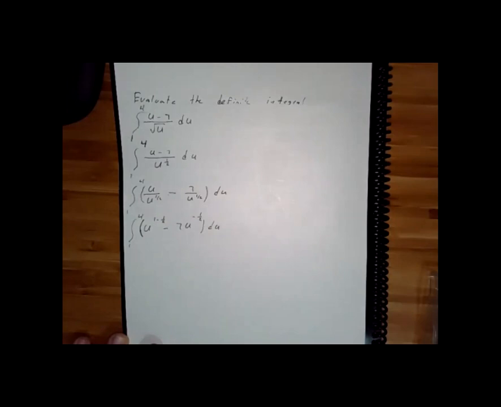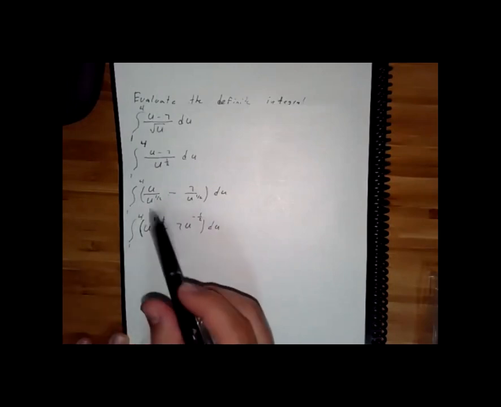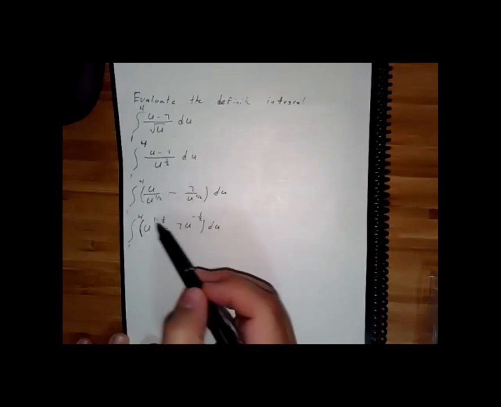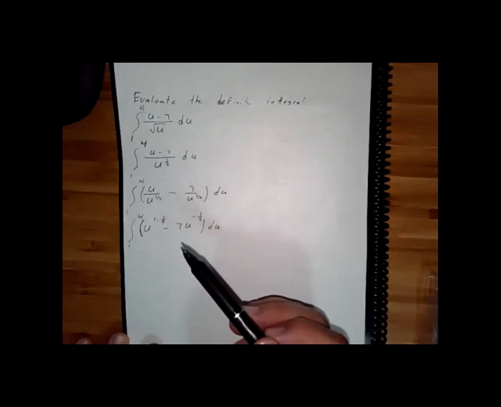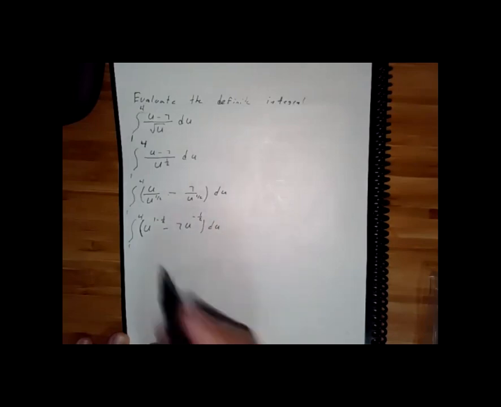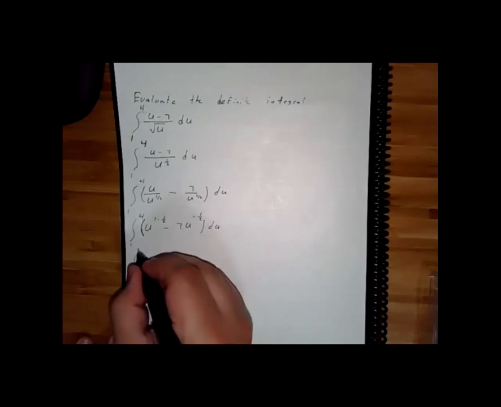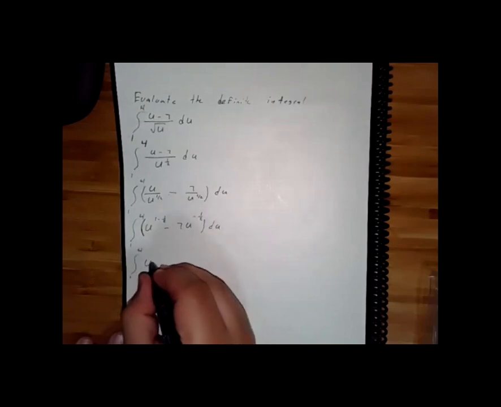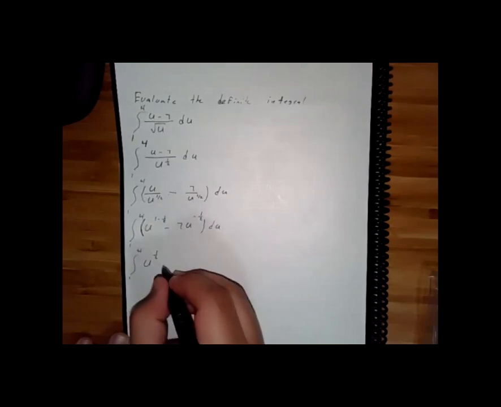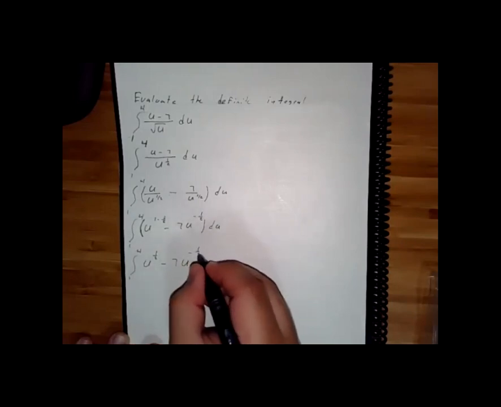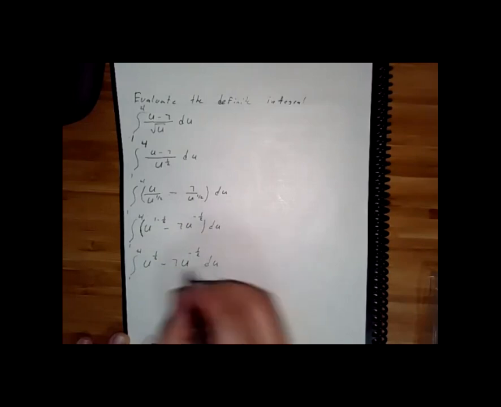Is that u to the power of 1 minus 1/2? Yeah, so this is the 1. So you're dividing these two out. So you're going to do 1 minus 1/2, right? Got it. So the result will be u to the 1/2 minus 7u to the negative 1/2, du.